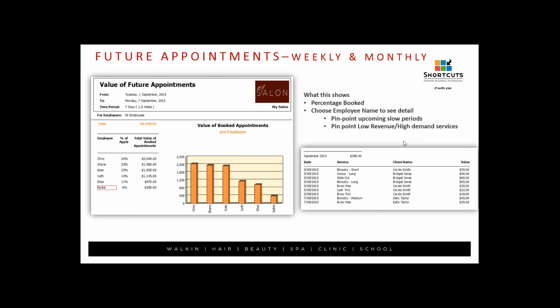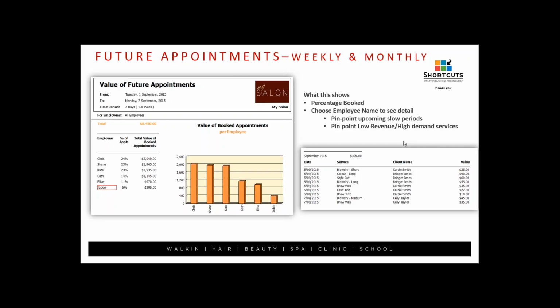You'll see here, if we look at it, we've got value of future appointments, and it will give us all the employee names, and a percentage of their appointments. So we can see who's got the most future appointments booked in and who's not doing so well. We can see Jackie's only got 5% of our future appointments, so we need to do something to try and book up her appointments.